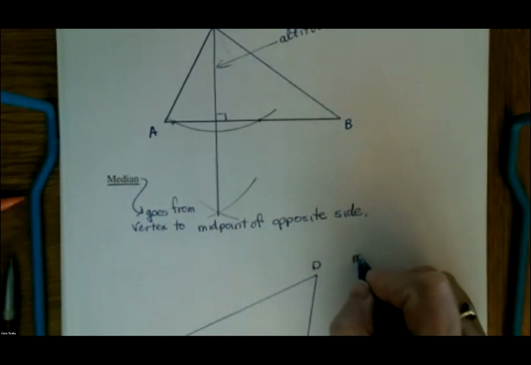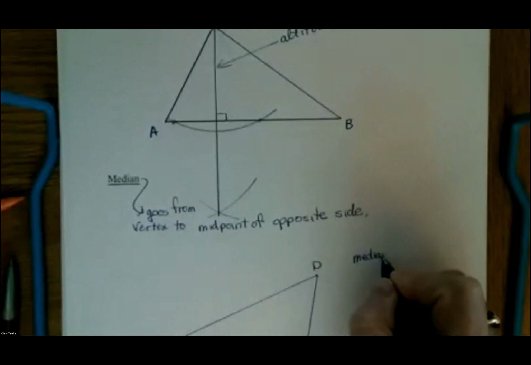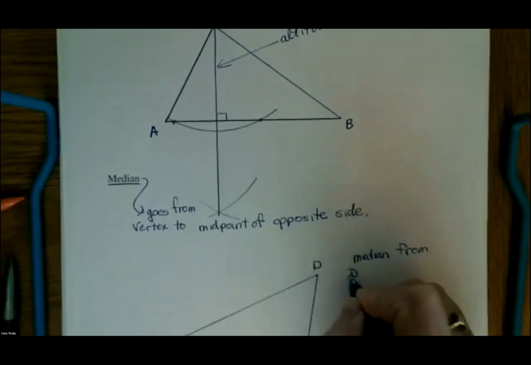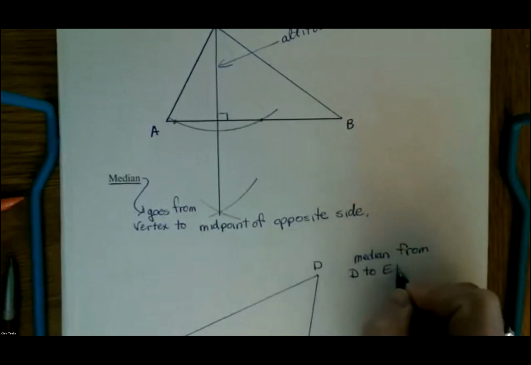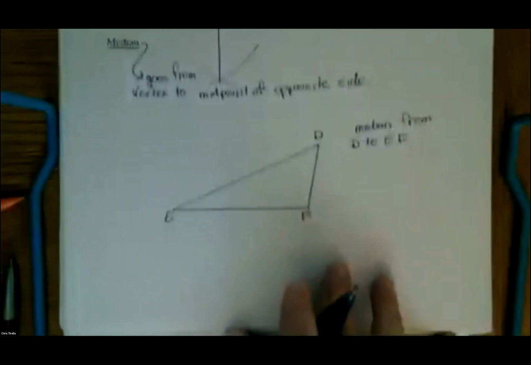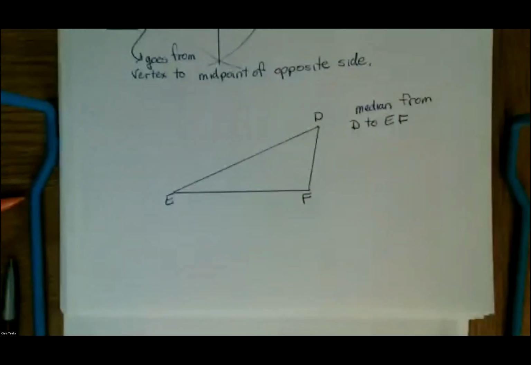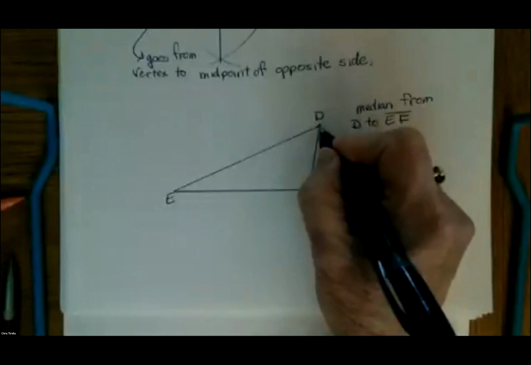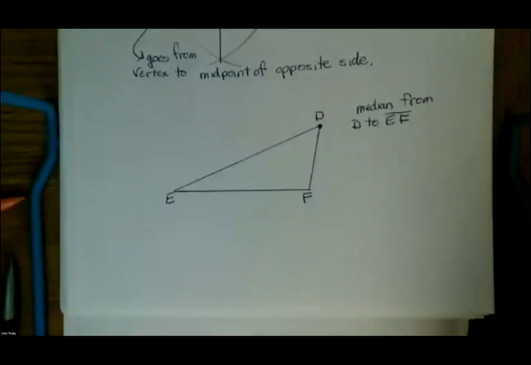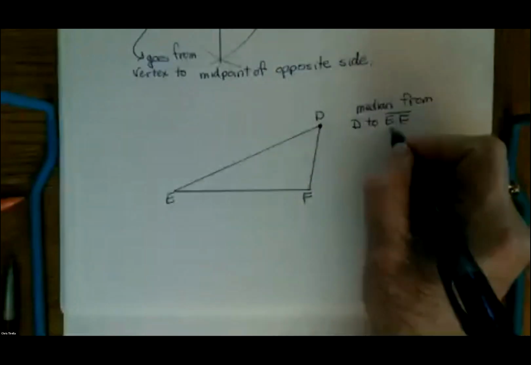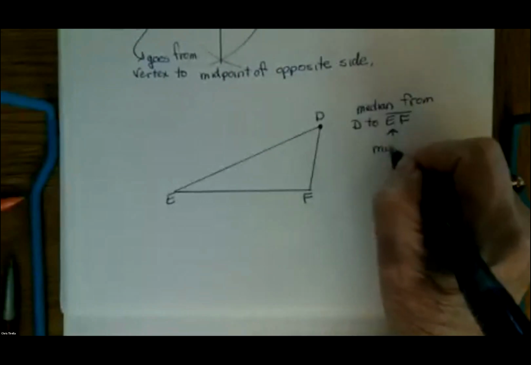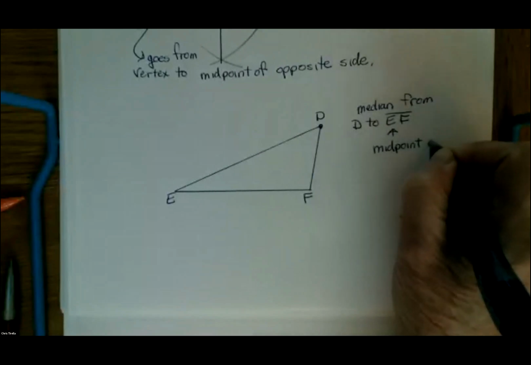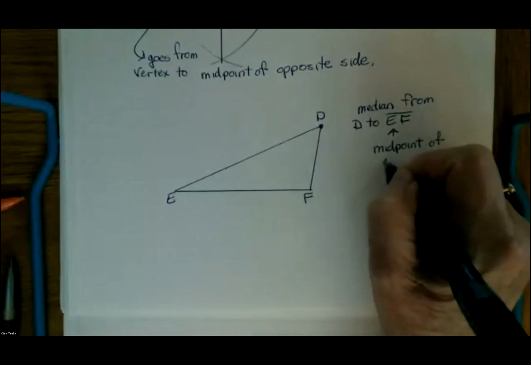And we want the median from D to EF. And again, we're going to start at D. And what we need is to find the midpoint of EF.